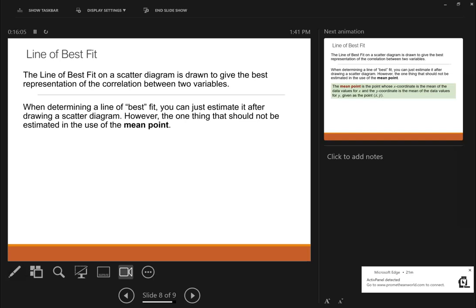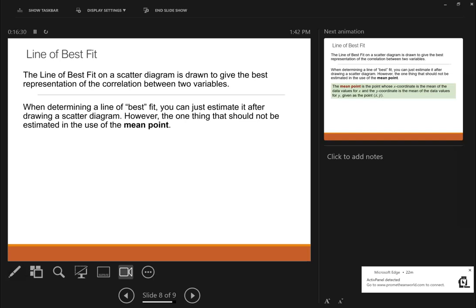So a few key attributes for this straight line, one of which is that it must pass through the mean point. The mean point is the x, y, where the x-coordinate is the average of the x values in your data set, and the y-coordinate is the average of the y values in your data set.